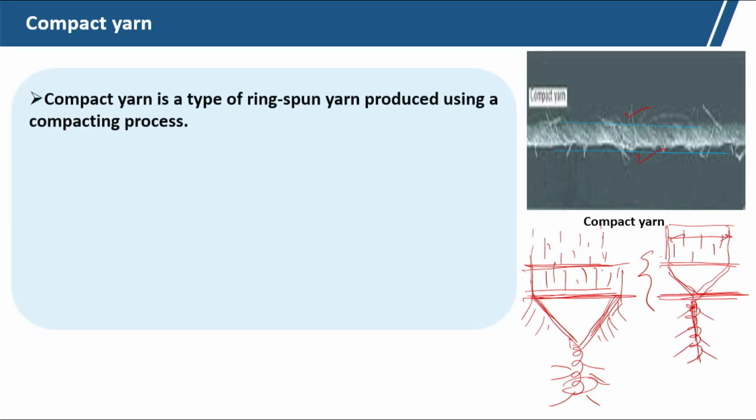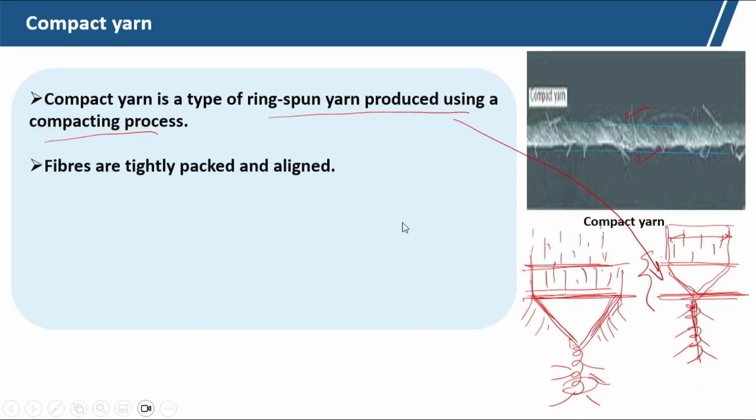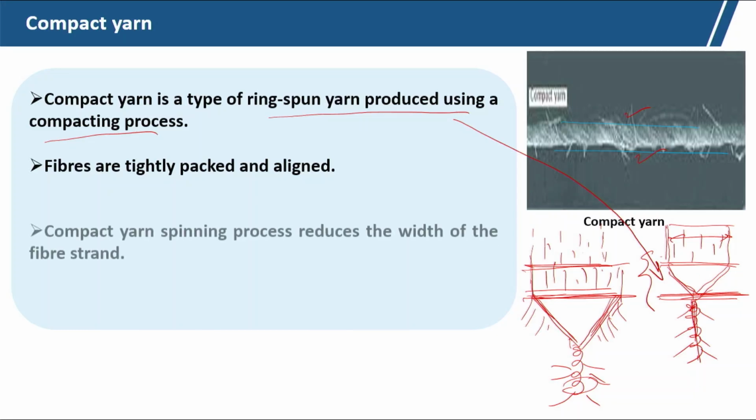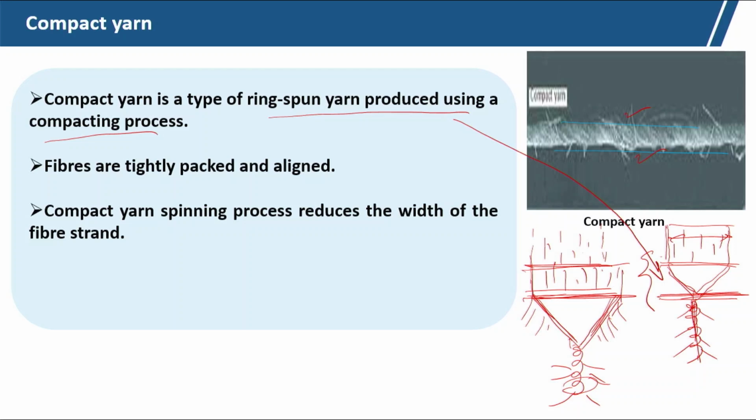So, compact spun yarn is a type of ring spun yarn produced using a compacting process. Here, ring spun yarn, here compacting process is added. Fibers are tightly packed and aligned as I have mentioned here. That is, it reduces the width of the fiber strand. So, that is actually the main function of the compacting system.